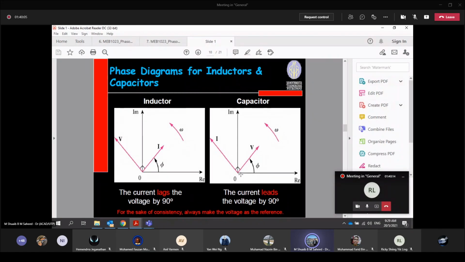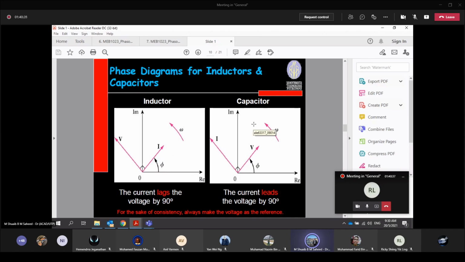If you draw the V in the third quadrant, the I should be in the first quadrant, and so forth. Again, observe the rotation. It is anti-clockwise for a phasor diagram.